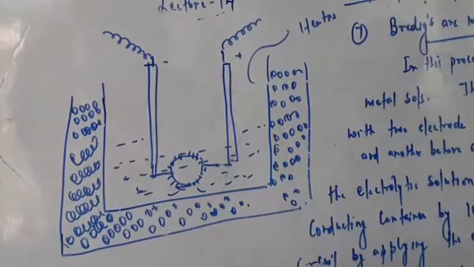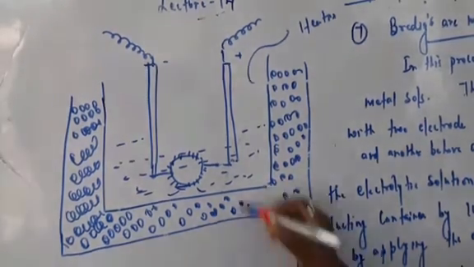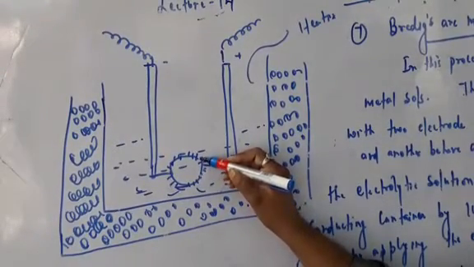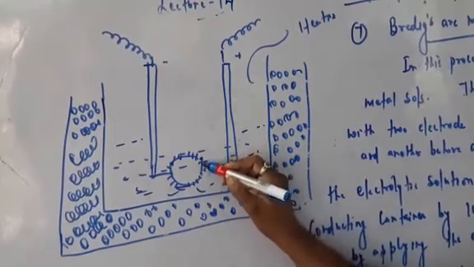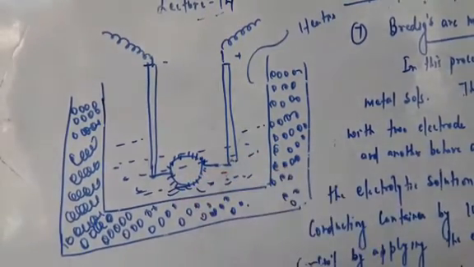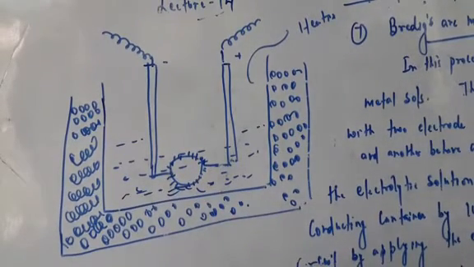So by the heating and cooling effects the metal wire breaks away and disperses into the solution. By this method we can prepare metal sols. So this is the method of preparation.